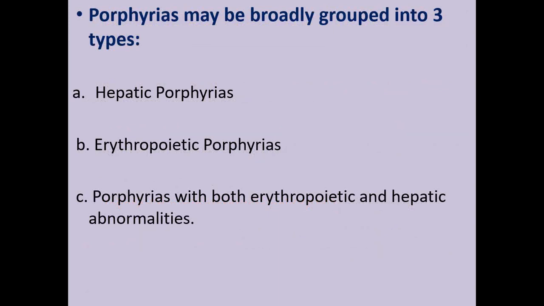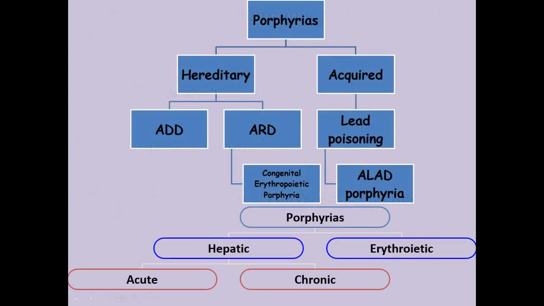Porphyrias are broadly grouped into three types: hepatic porphyrias, erythropoietic porphyrias, or porphyrias with both erythropoietic and hepatic abnormalities. They can also be classified as hereditary or acquired.